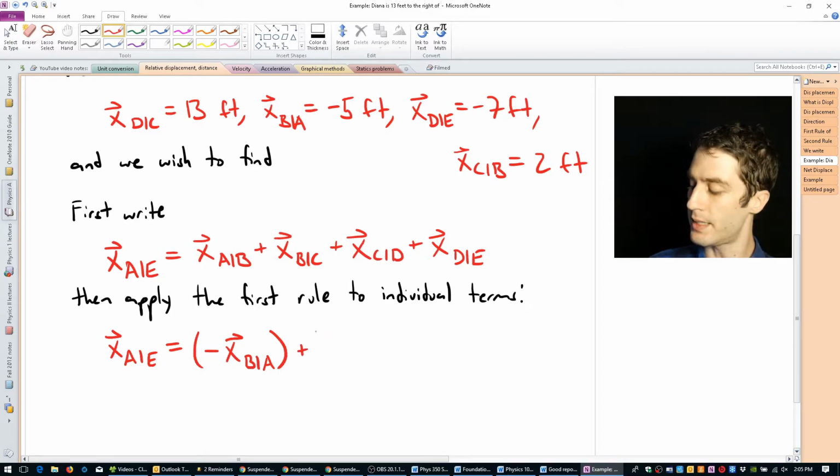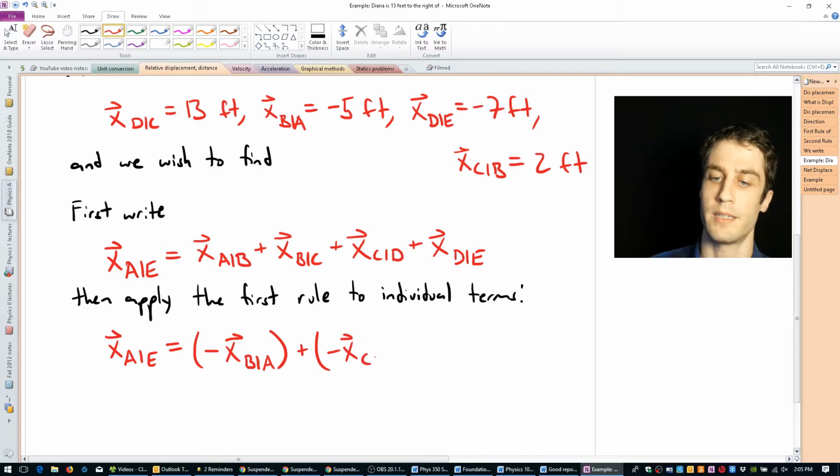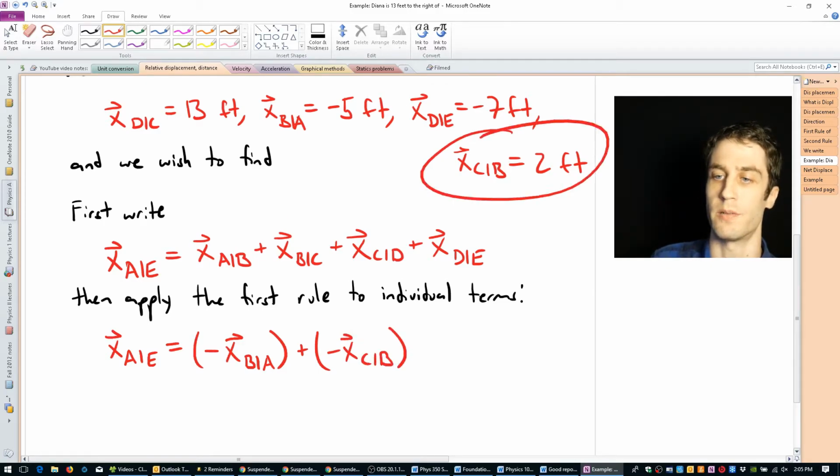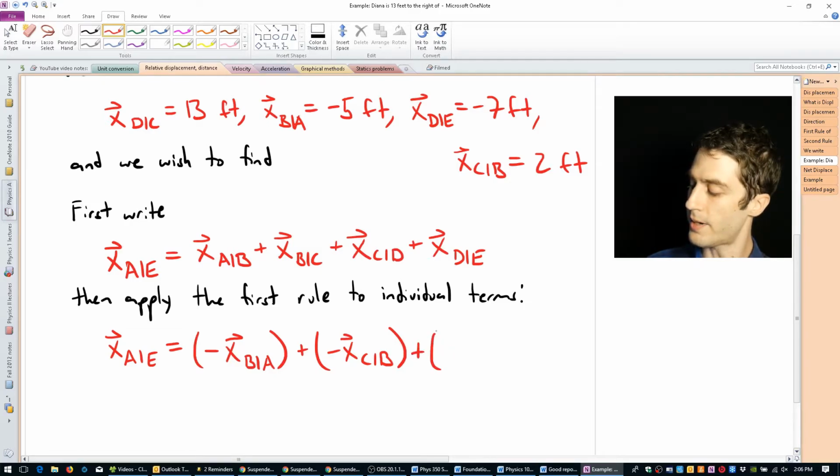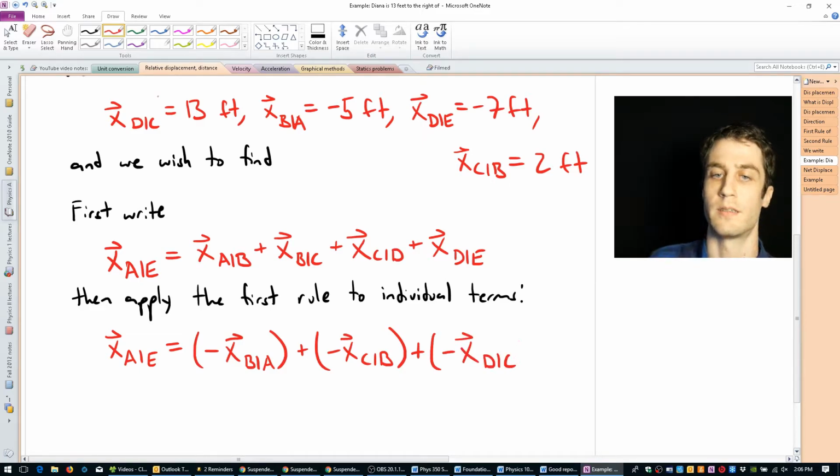xb relative to C is negative xc relative to B, which is a quantity that we have. We have C relative to B right here. We don't have xc relative to D, we have negative xd relative to C. That's the quantity that we have here.